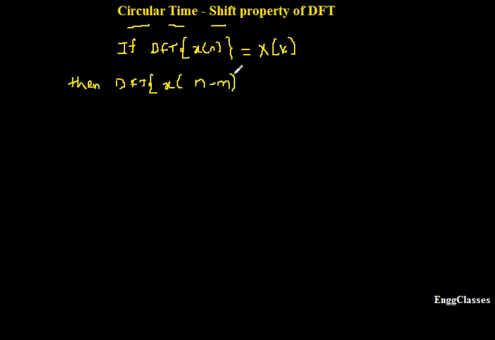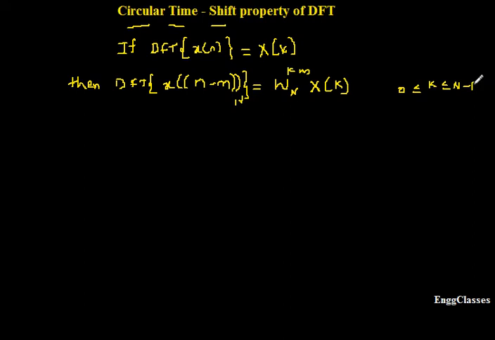But this time shift is not just the time shift, rather it is a circular time shift. Hence I would indicate it with two brackets, with suffix N, that is the range. That is equal to W_N to the power k into m, X of k. So this is the definition of the circular time shift property. This is for k varying from 0 to N minus 1.